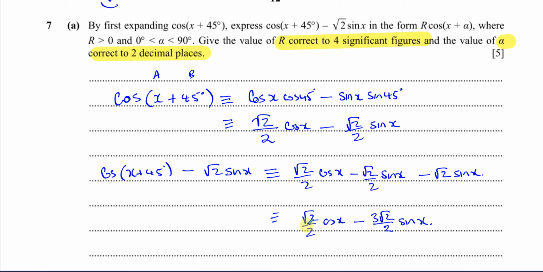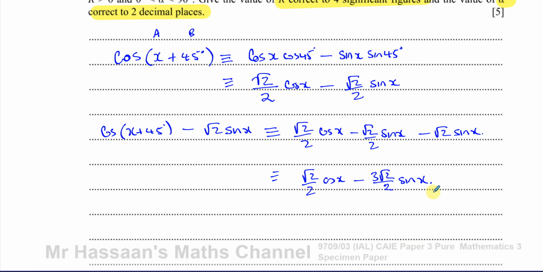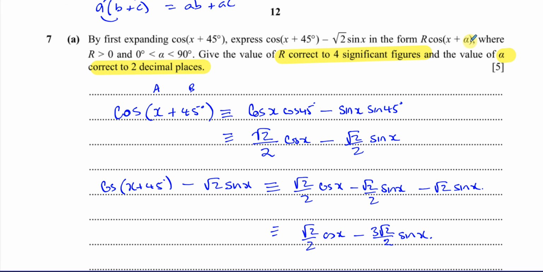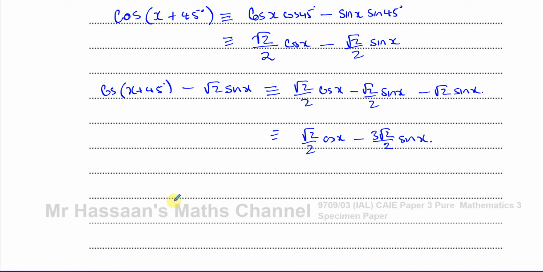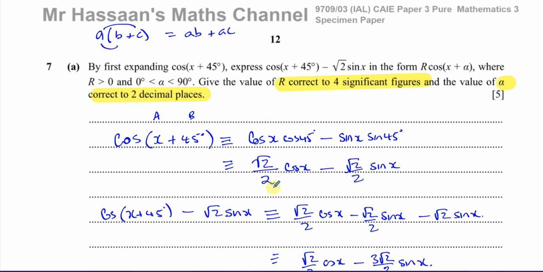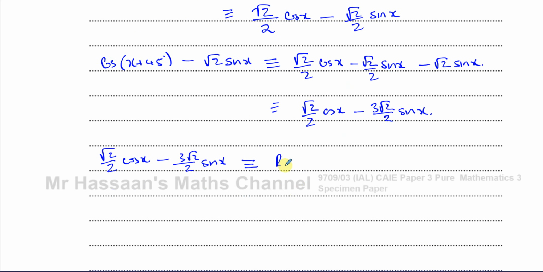Now we can rewrite this in the form they want, which is r cosine of x plus alpha. So root 2 over 2 times cosine x minus 3 root 2 over 2 sine x is identical to r times cosine of x plus alpha.